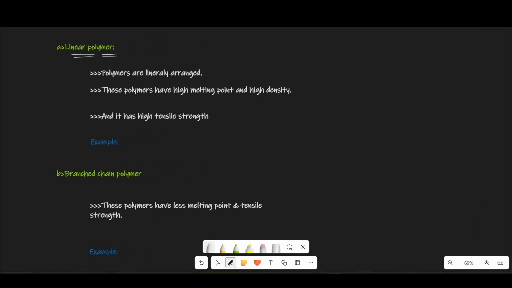Just see, these will look like this. There will be attractions between these chains, generally due to van der Waals forces.